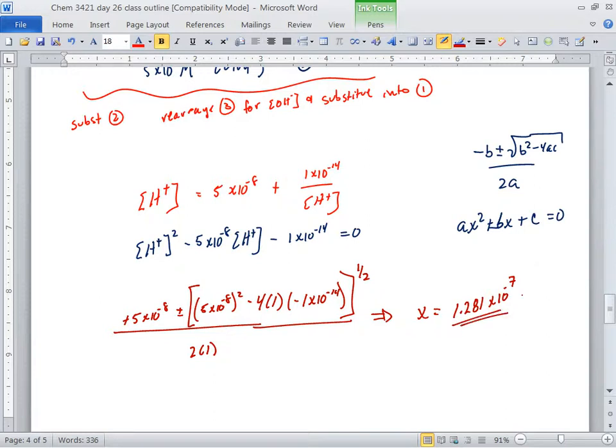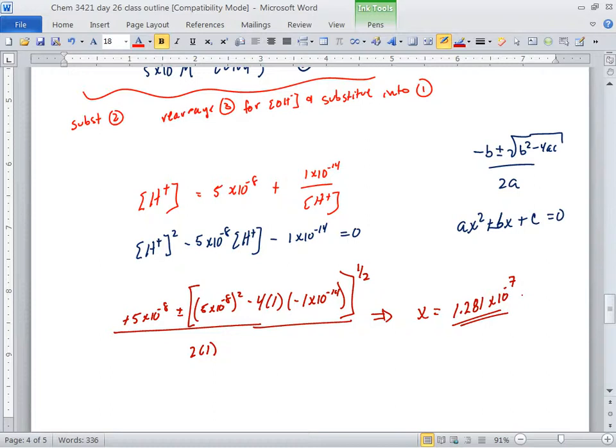Okay, so that is my what concentration? That is my hydronium or hydrogen, right? That's my hydrogen ion concentration. Is that my total hydrogen? Remember, now things are getting confusing. Jeff, is this my total hydrogen ion concentration, or is this my contribution from the dissociation of water?